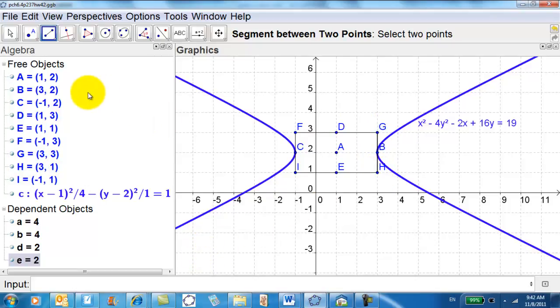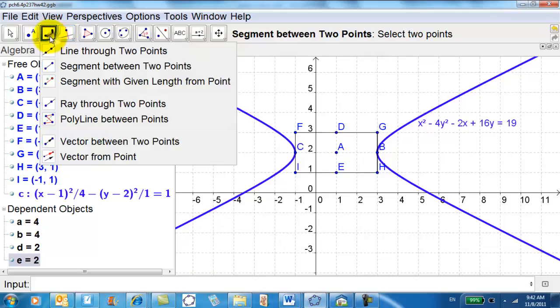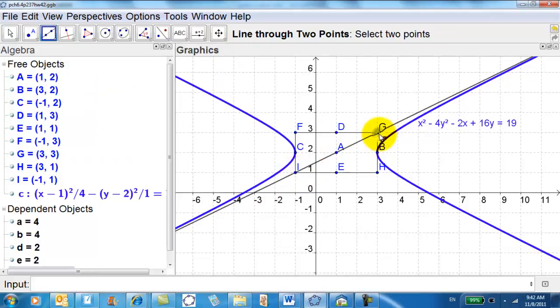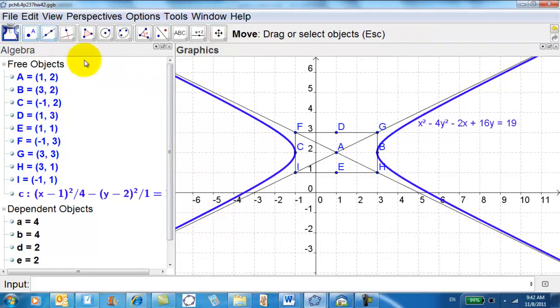Now we can put in our equations of the asymptotes. And they'll go through the diagonals of the box of extent. Boom. And boom. And we should make all these dashed. So all these things.